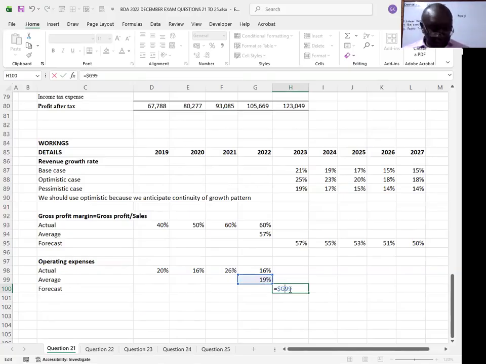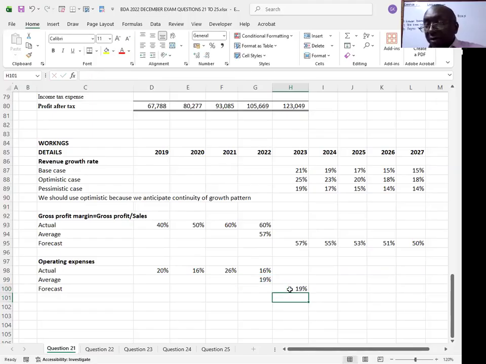Na hii hapa shift $sign ndio tuifunge, then when we autofill ibaki constant. Tumefunga hivyo, then you autofill ndio ibaki constant. If you don't anchor, if you don't put those $signs, haitakuwa constant.